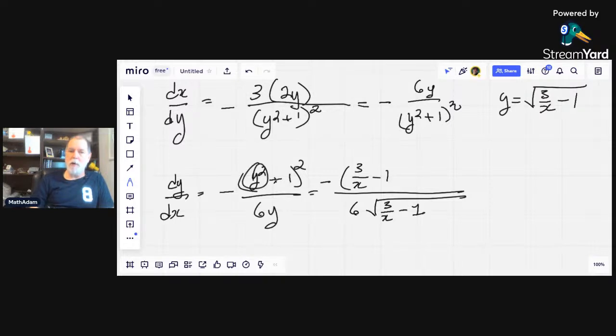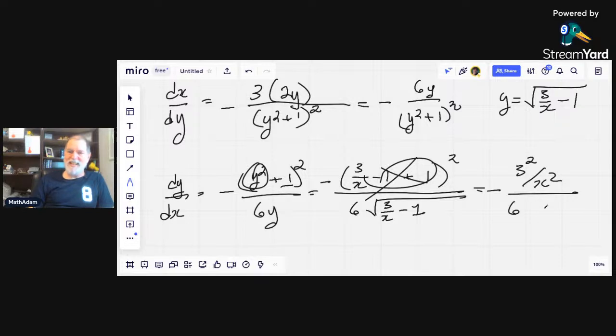That's the y squared, and then plus 1, and that's all squared. The beautiful thing is that these cancel out nicely, and so we end up with minus 3 squared over x squared, all over 6.